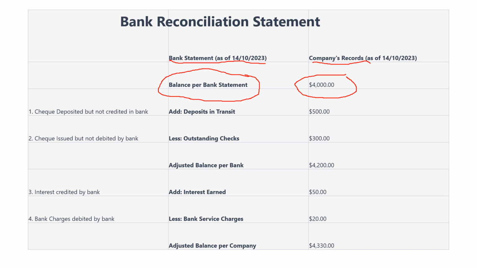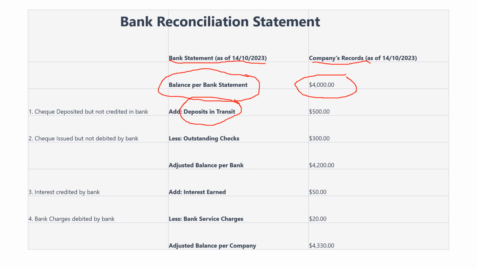Mind it, when the bank is credited, your balance is increased, and when the bank is debited, your balance is decreased, right? So that is why this deposit in transit will be added back to your balance, right?